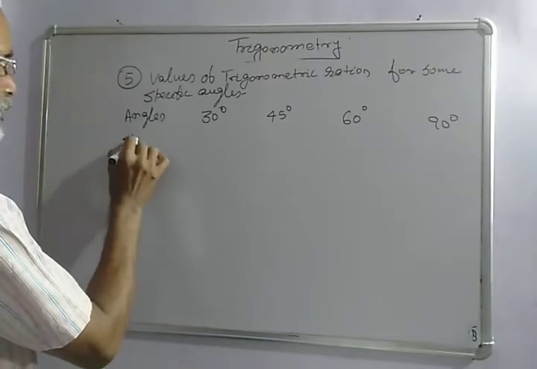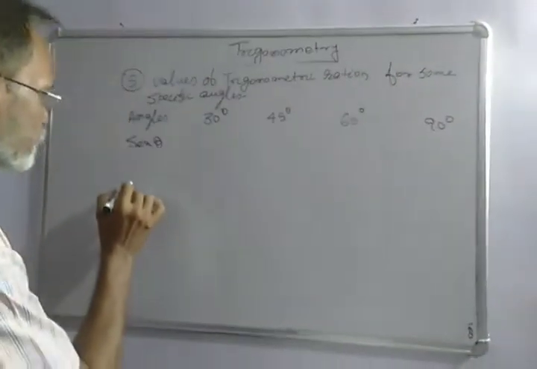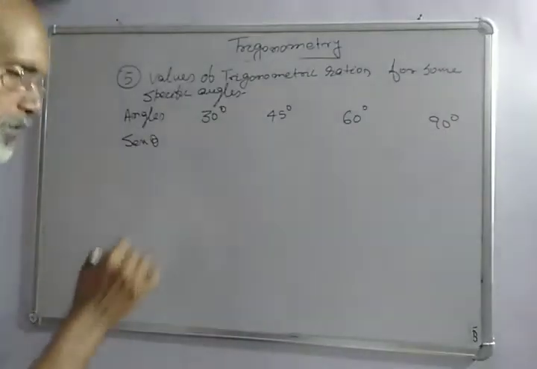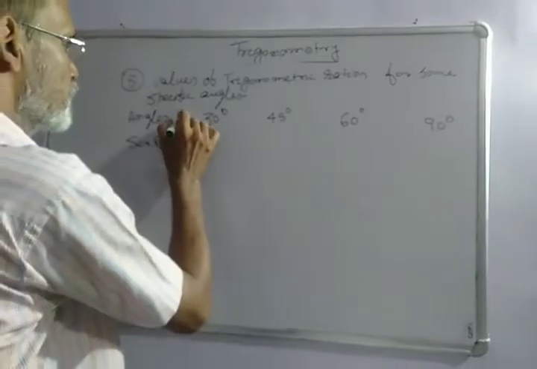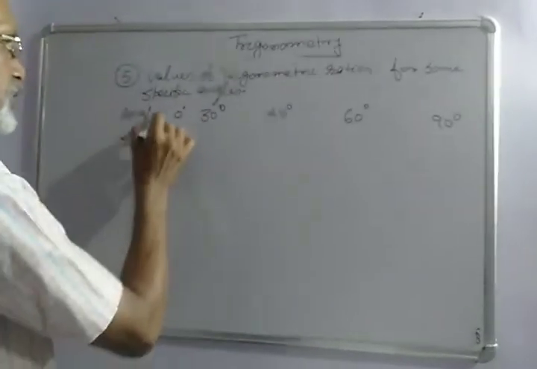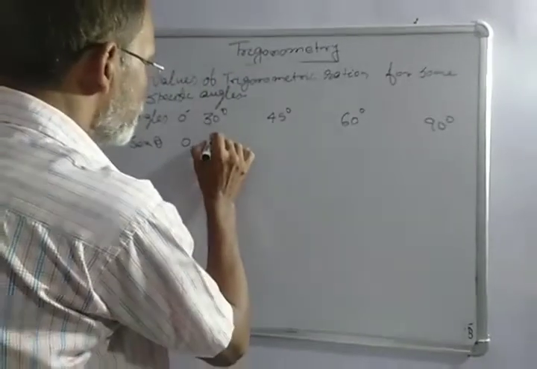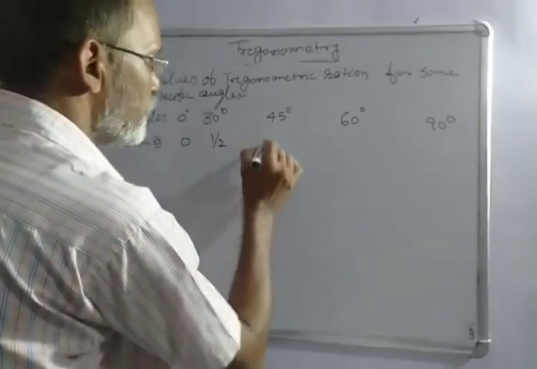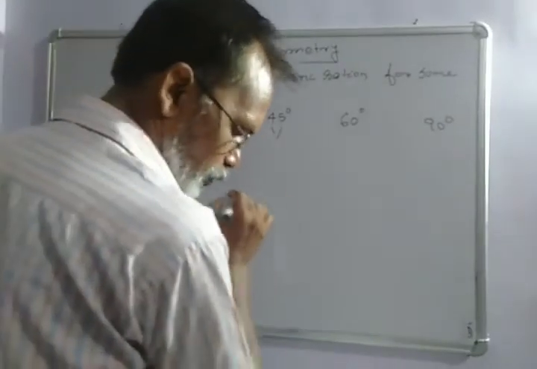For sin theta first, I am leaving the 0 degree here. So sin 0 is equal to 0. Sin 30 is equal to 1 by 2. Sin 45 is equal to 1 by root 2.